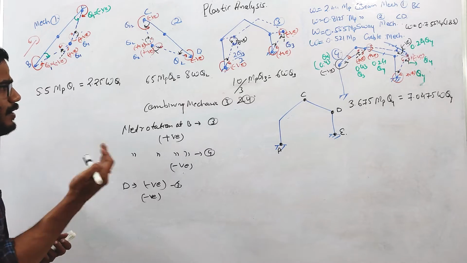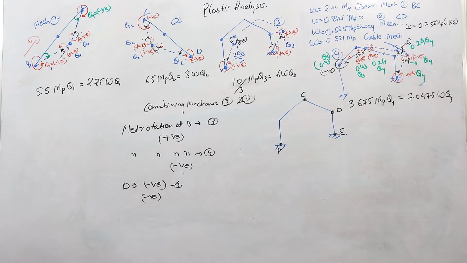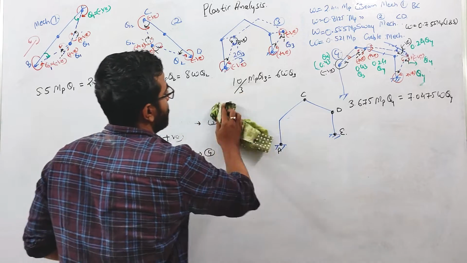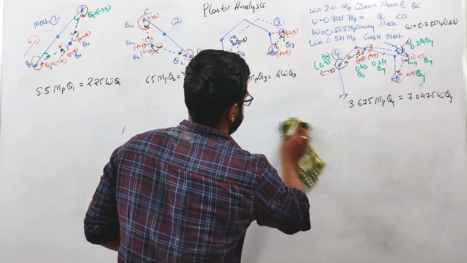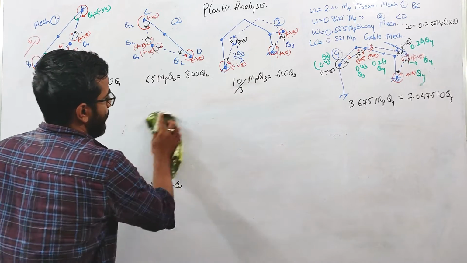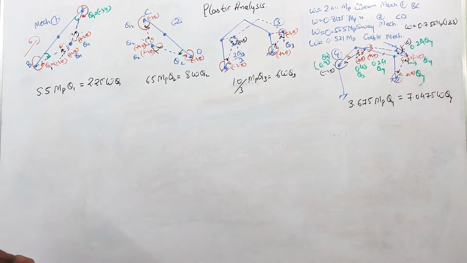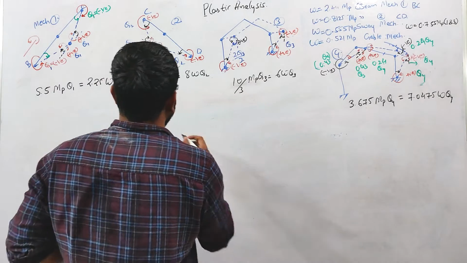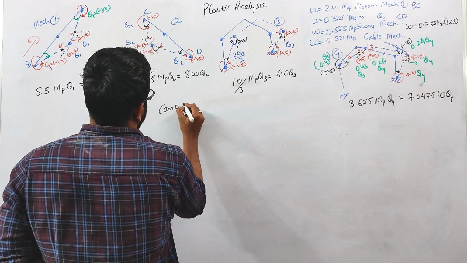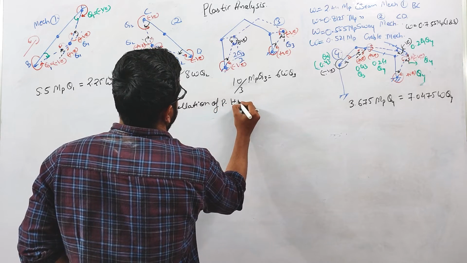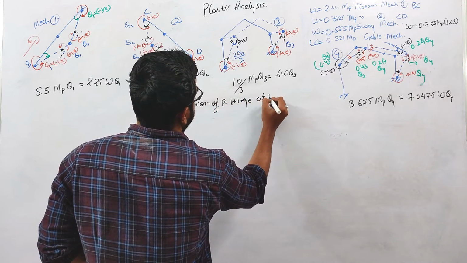Okay, now we will be combining the mechanism 3 and mechanism 4. So if you combine them, we have cancellation of plastic hinge at B point.